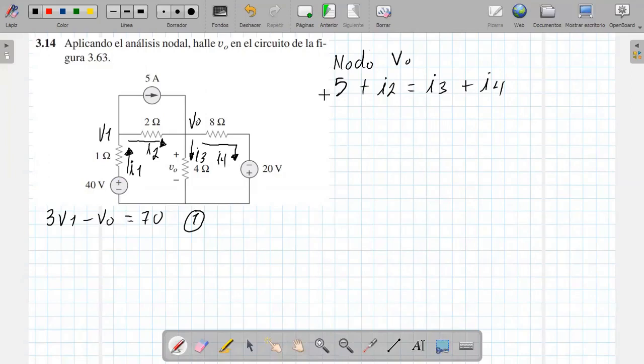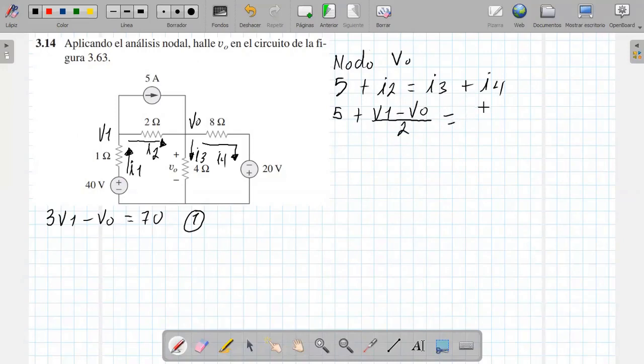The current I2 is the current that comes from here, V1 minus V sub 0 over 2.